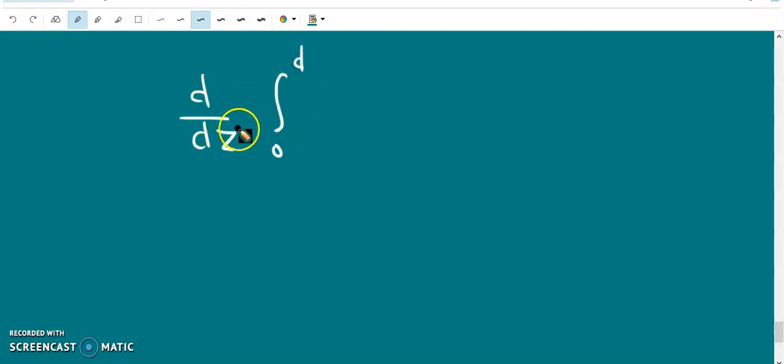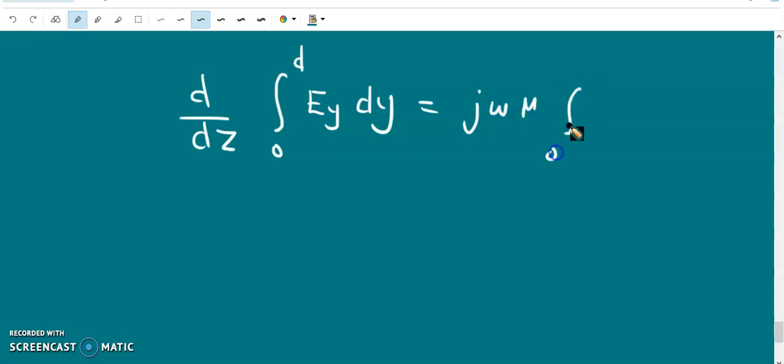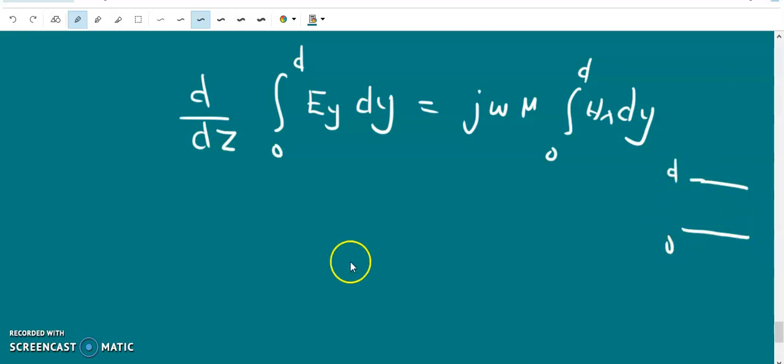The derivative is with respect to z, and we are integrating with respect to y, equal to j omega mu integral 0 to d Hx dy. So here we are integrating from 0 to d, from lower plate to upper plate.